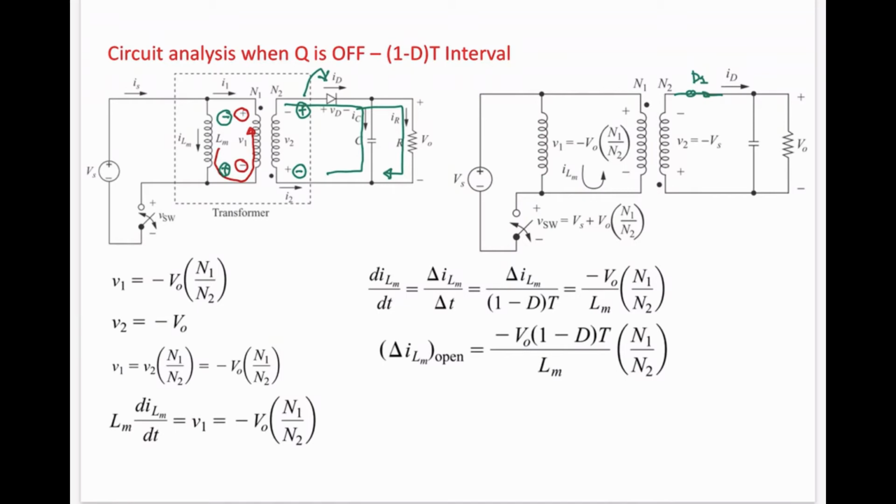Okay, so now let's look at what will be the voltage across the primary winding now, because your supply is disconnected since the switch is in the off state. The current is going to flow over here, and this winding is connected in parallel to your load.